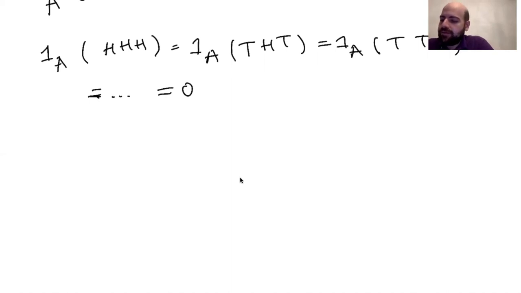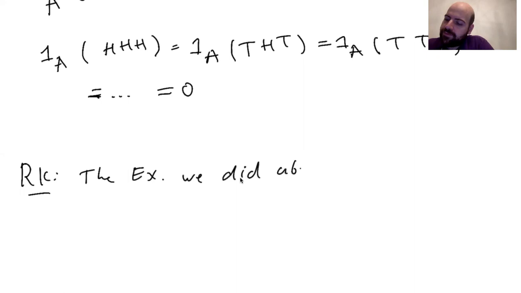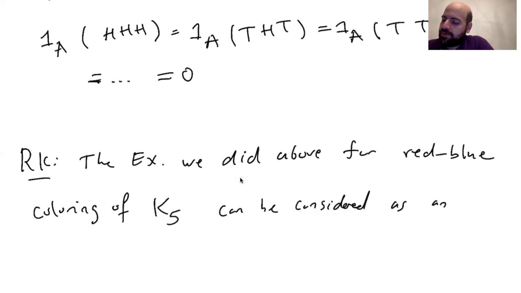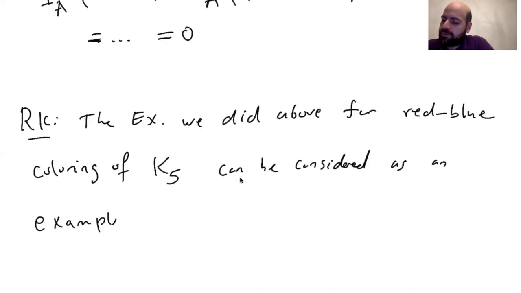Okay, so one remark here: the example we did above for red-blue coloring of K5 can be considered as an example of, which type of random variable do you think we actually had in that example?